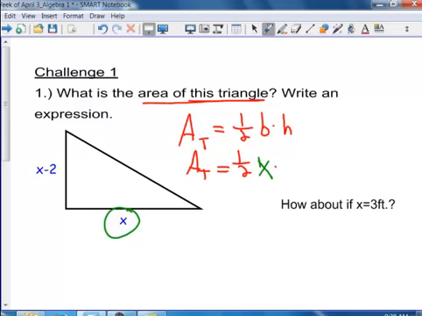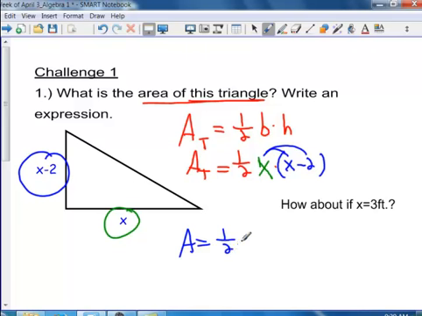The height of this triangle is x minus 2. We need to multiply everything by x minus 2. We can't just multiply by the x and then subtract 2. We want to multiply by parentheses x minus 2. This is the whole thing. So now we're going to multiply both of these, right? So what you end up getting is the area is equal to 1/2 times, and now again this is going to be two things.